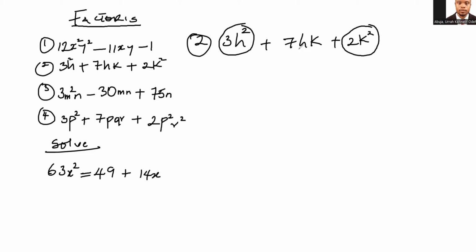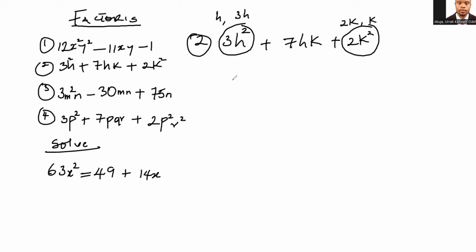Now, ignore the middle term. Whatever you're doing, you're going to get the middle term. So just ignore that one. So at this stage, we have h and 3h. Now here we have 2k and k.